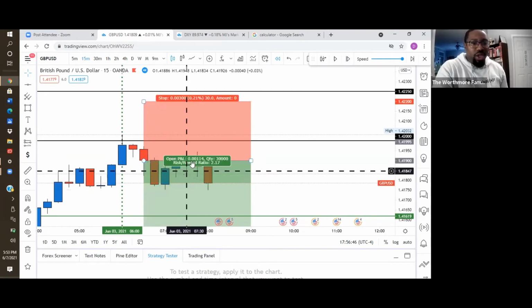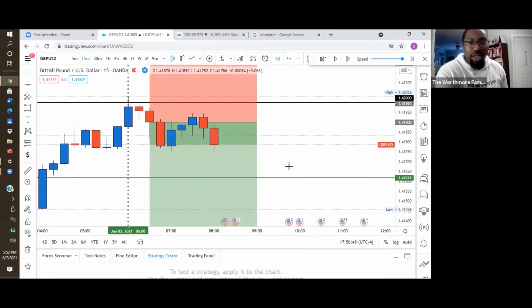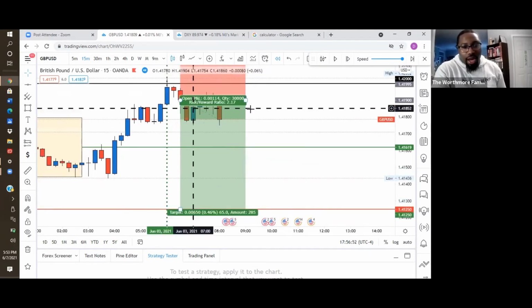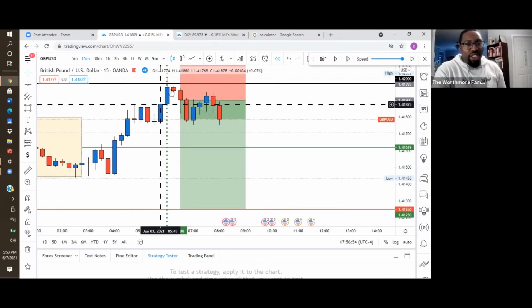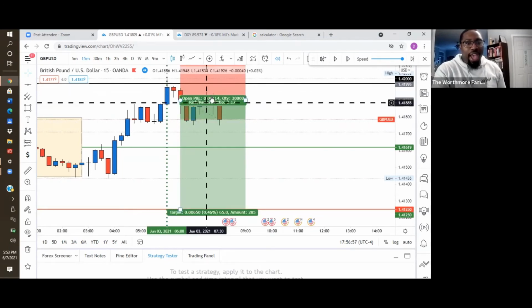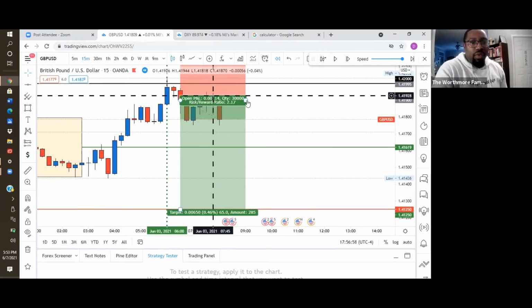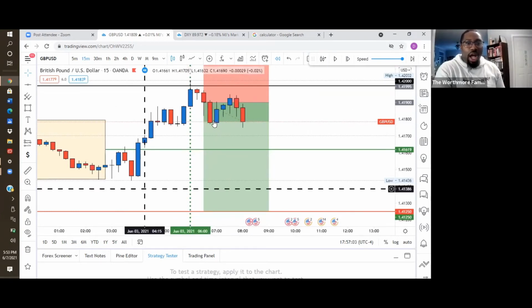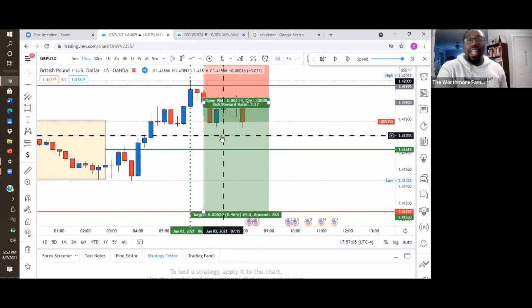Now, here is where I feel really confident, because what this looks like to me is a double top, a lopsided double top. We got this peak high formation here, the dip down, the pullback. This is where a lot of retail traders will say, oh my gosh, you got to buy right here, because they're looking at this as an upward trend, not knowing that we're looking for selling opportunities.